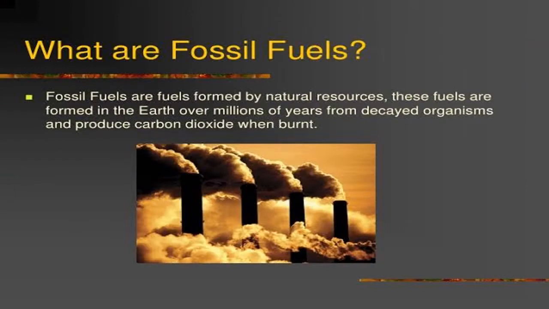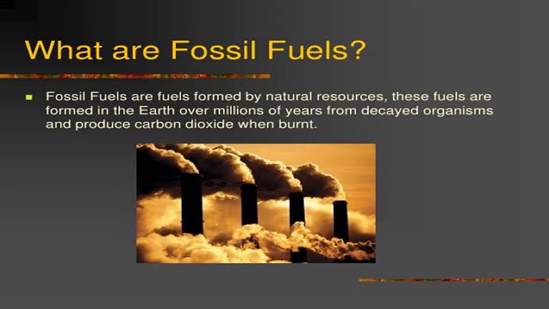Now fossil fuels. What are fossil fuels? Fossil fuels are fuels formed by natural resources. These fuels are formed in the earth over millions of years from decayed organisms and produce carbon dioxide when burned.